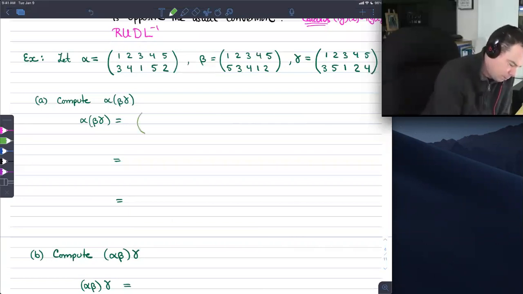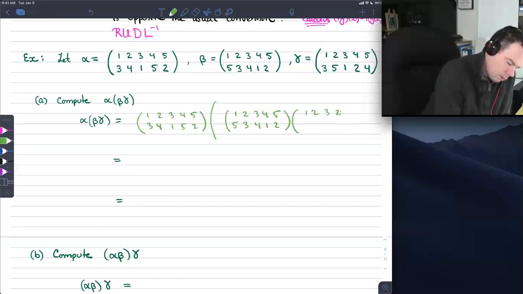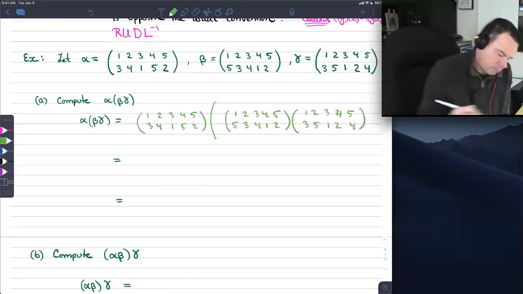So for example, we'll write down what alpha is, and then I've got my grouping brackets, my beta and my gamma written here.